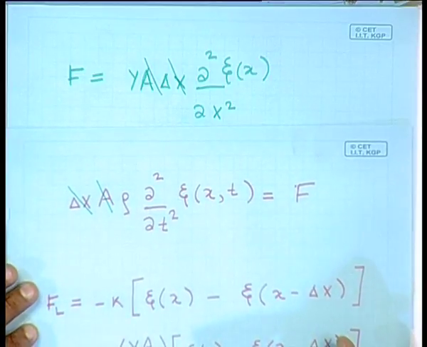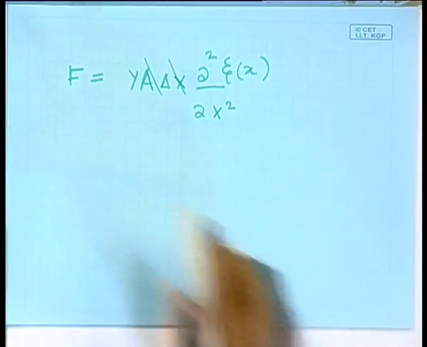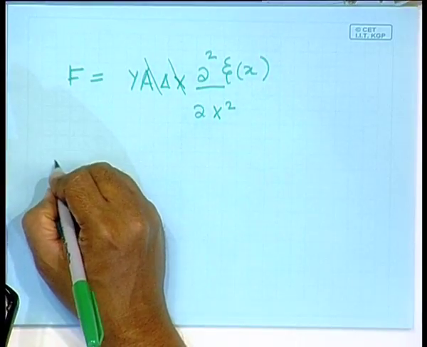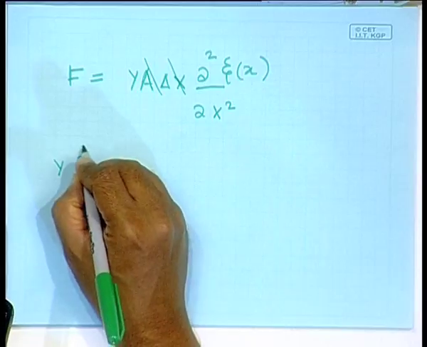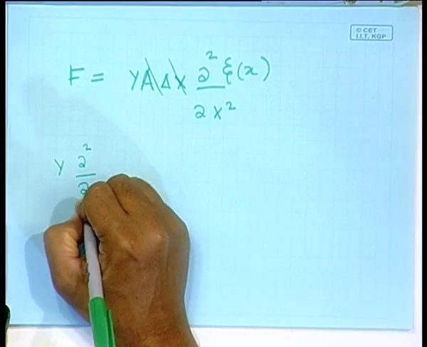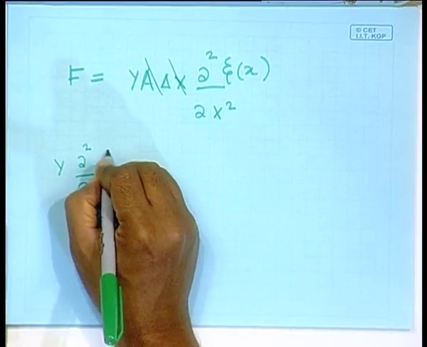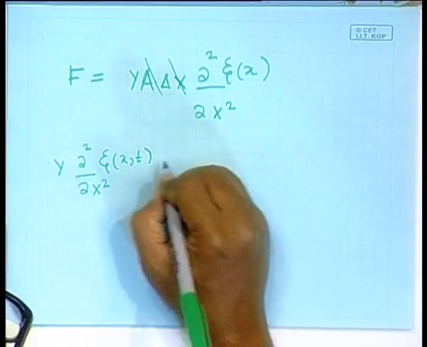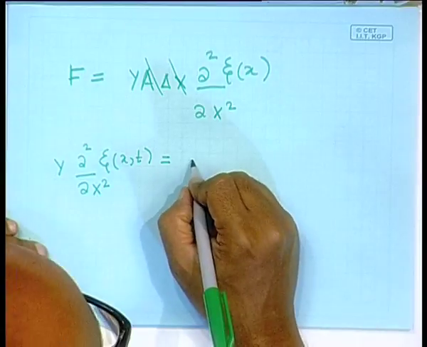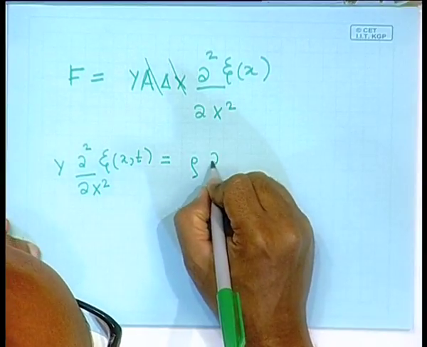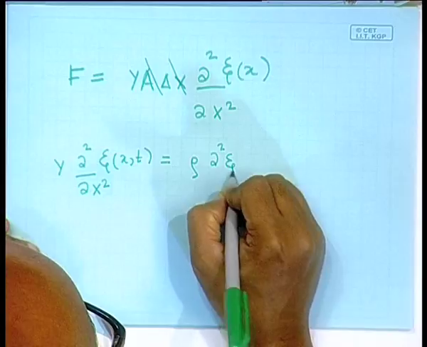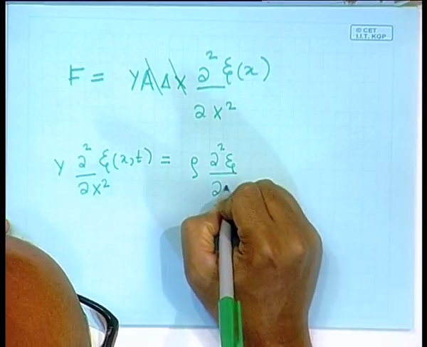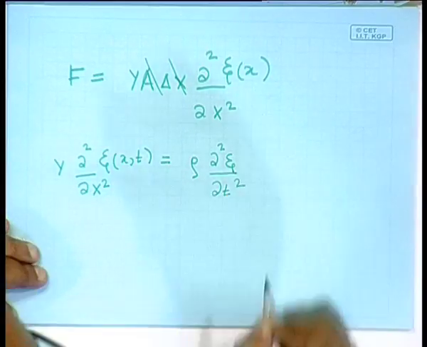The equation that we have is the Young's modulus into del square del x square of xi is equal to the density into the second time derivative of xi.